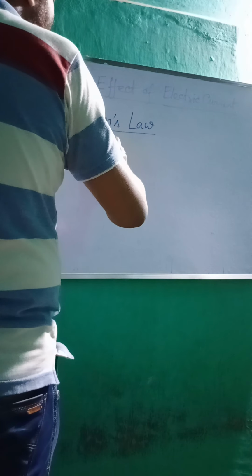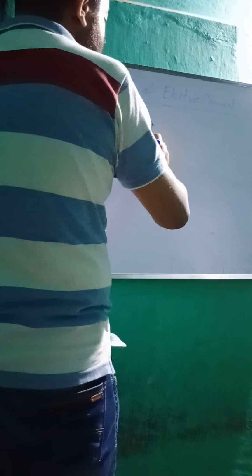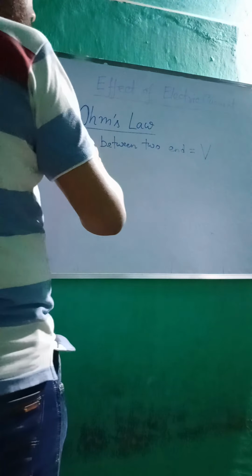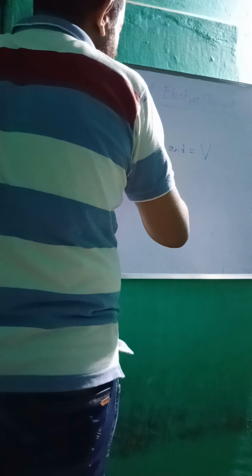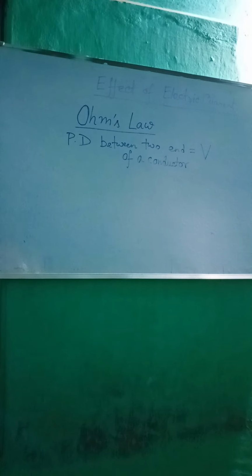Suppose PD stands for potential difference. Suppose the potential difference between the two ends of a conductor is V, and the current flowing through this conductor is I.